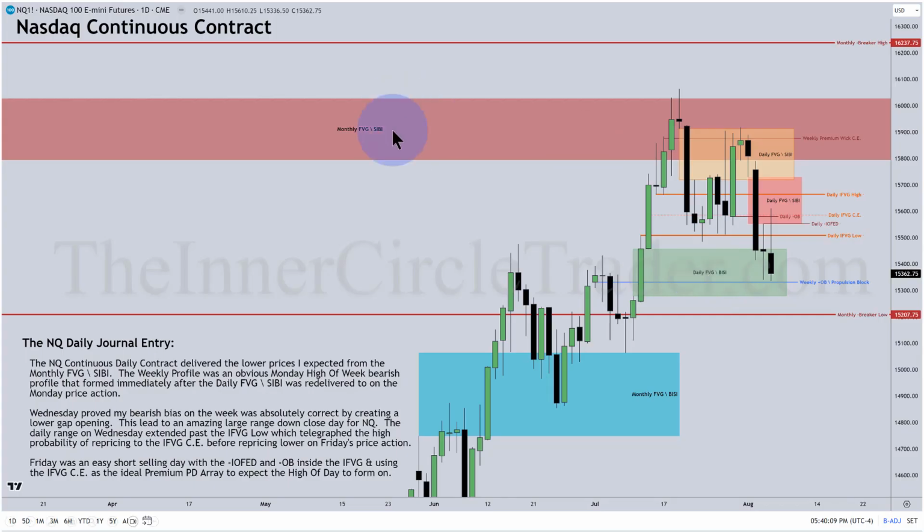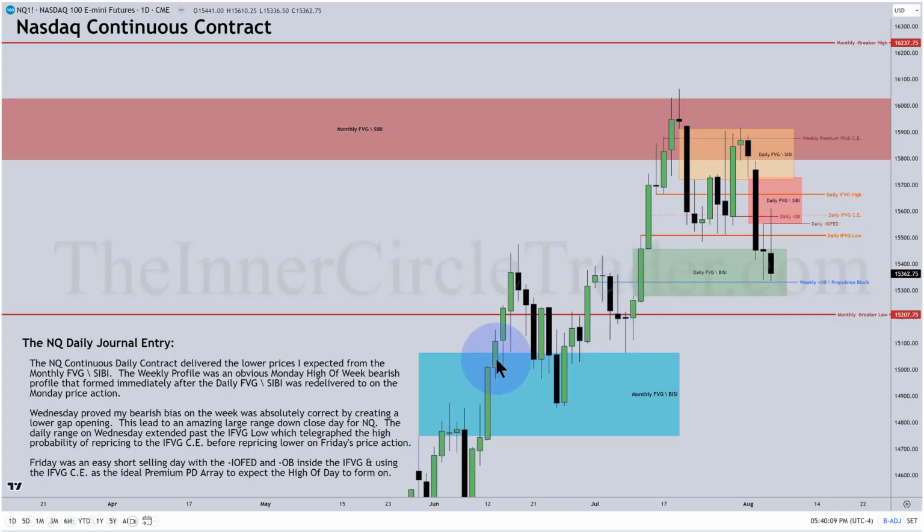This range up here is that fair value gap SIBI on the monthly chart that was below the monthly breaker high, and between that and the monthly breaker low, which is this level here. This daily fair value gap in the form of a BISI, which is an up-close candle, is only seen on the daily chart.